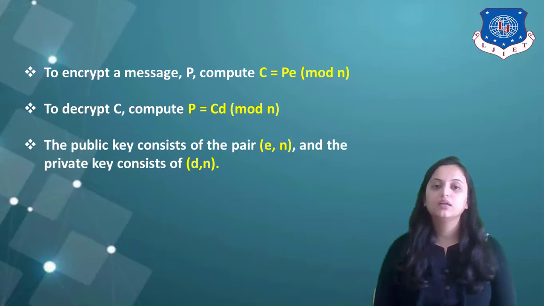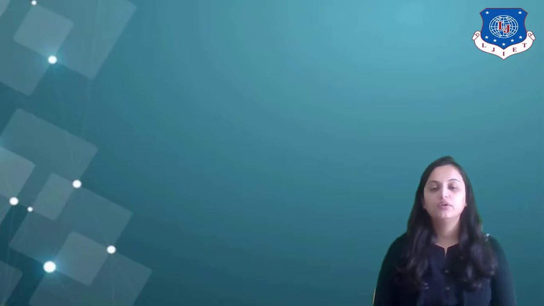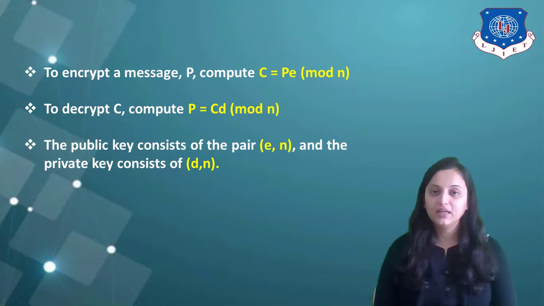The public key consists of the pair e comma n, and the private key consists of d and n. So this is how the public key and private key are obtained for the RSA algorithm.